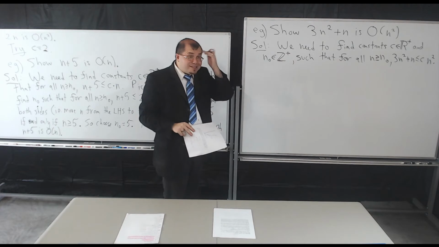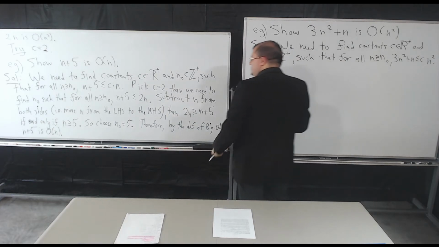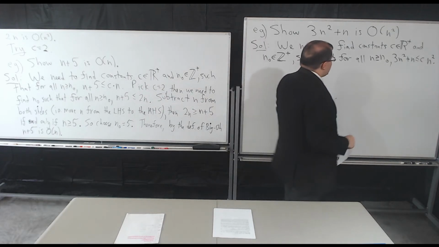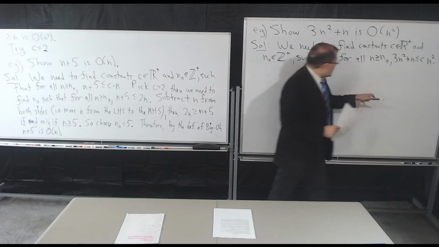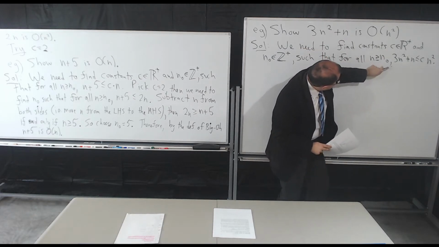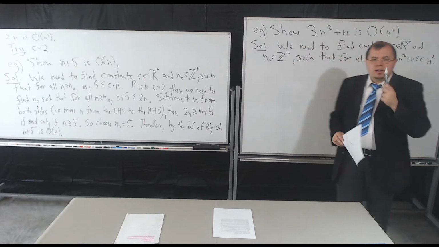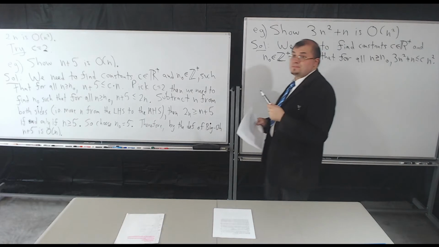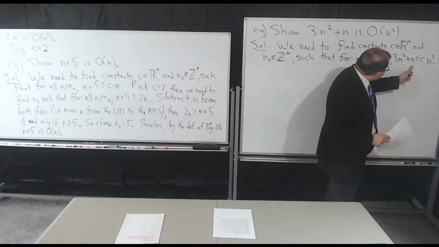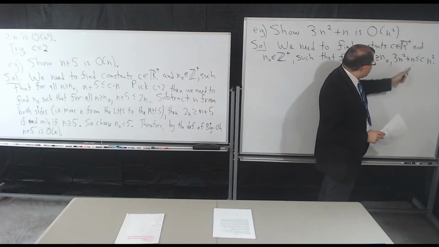So here's the trick that I want to kind of impose on you as an idea. It's going to generalize the strategy I used in the previous example. What I want you to do is imagine I have 3n squared plus n squared. What would be an ideal constant if it was like that? Well, if this was 3n squared plus n squared, remember it's n, but we're imagining this as n squared here.